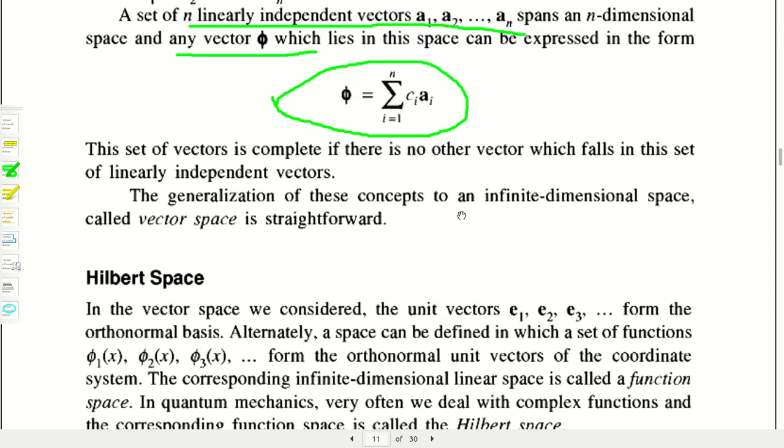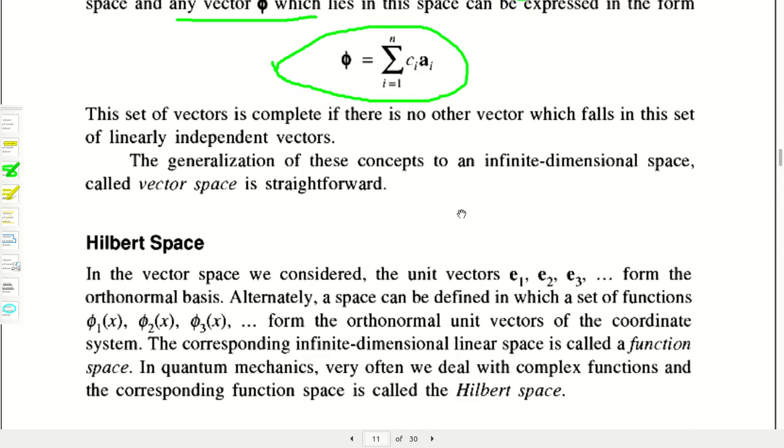So this is the idea of Hilbert space, and in Hilbert space it is to be mentioned that the number n should be infinity, that is, an infinite dimensional linear space is called a function space, that is Hilbert space. So infinite numbers of orthonormal sets of functions are there which can be used to form a basis, and from there you can form any other function in terms of those functions.